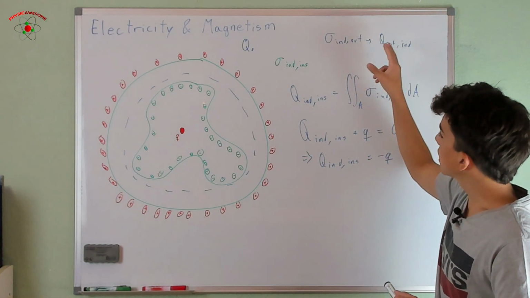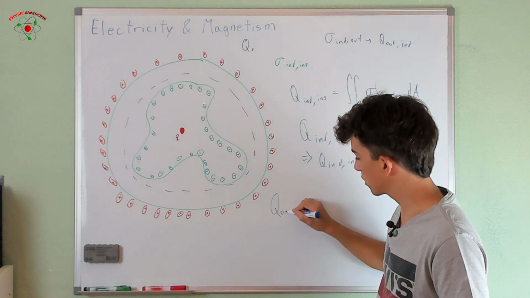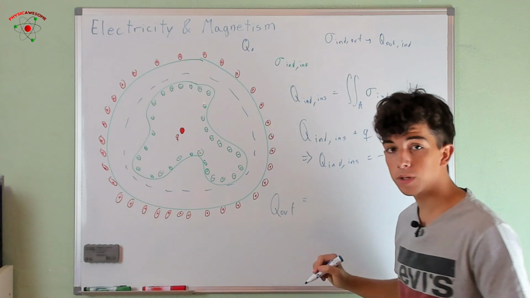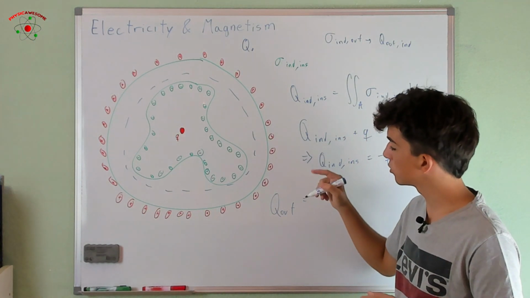And we can use, once again, Gauss' law to find what this is going to be. We know that this superficial outside charge is going to be equal to the charge outside.